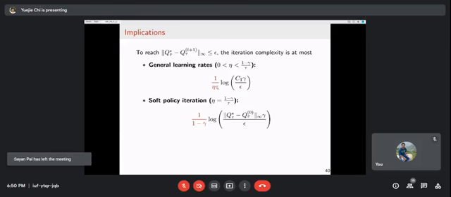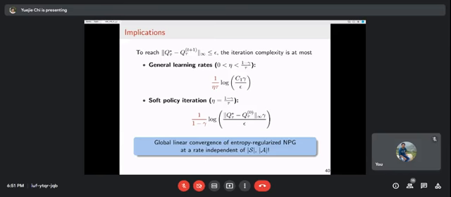letting the entropy regularization tau be larger, your iteration complexity actually becomes smaller, indicating a higher amount of entropy regularization helps to accelerate the convergence. On the other end, if you look at the special case of soft policy iteration, the iteration complexity essentially reduces back to the effective horizon, which actually matches the iteration complexity of policy iteration in the classical literature.